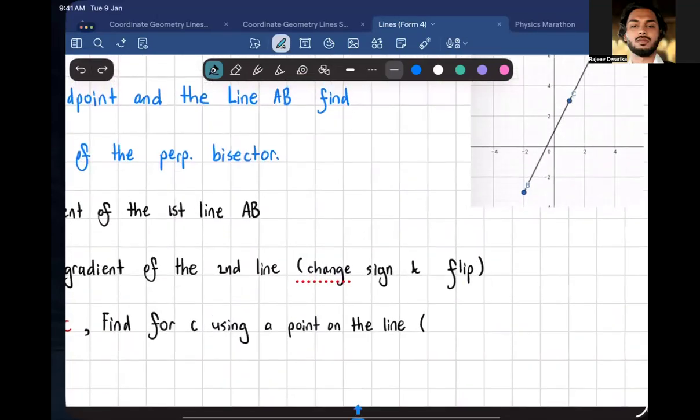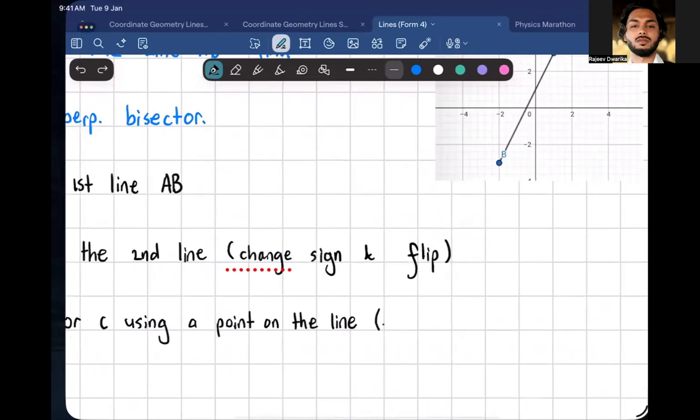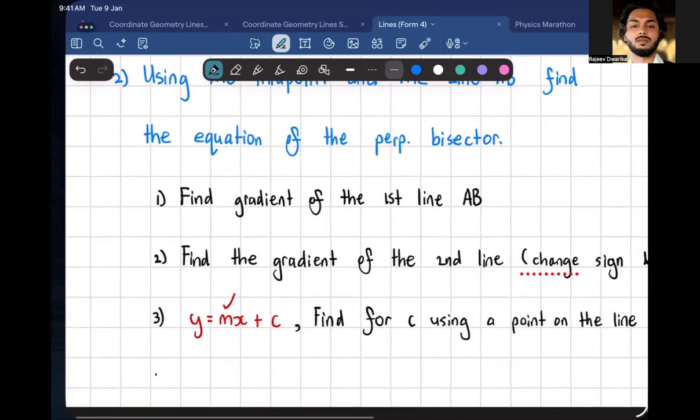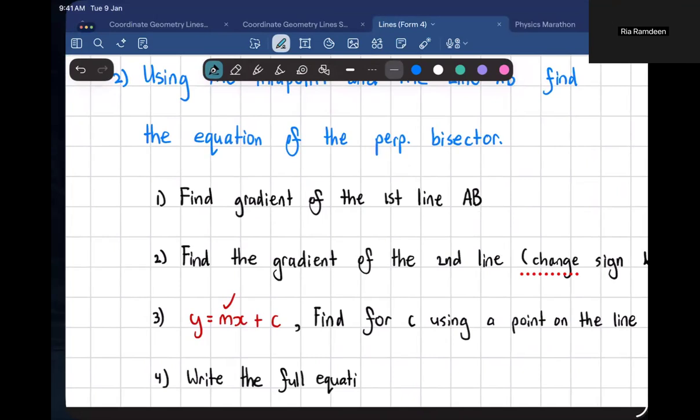So find for c using a point on the line, and in this case, that's always going to be the midpoint. Right, so once you find for c, write the full equation. And that's it.